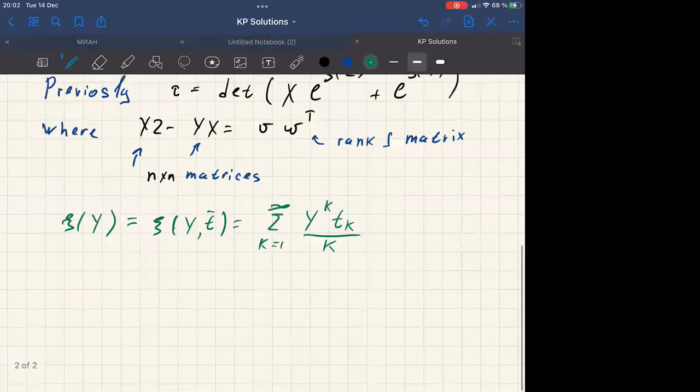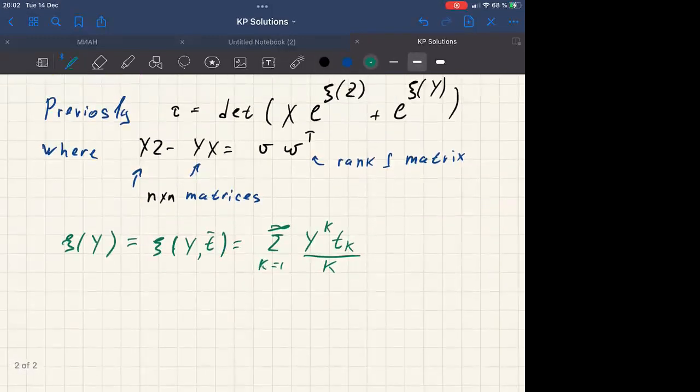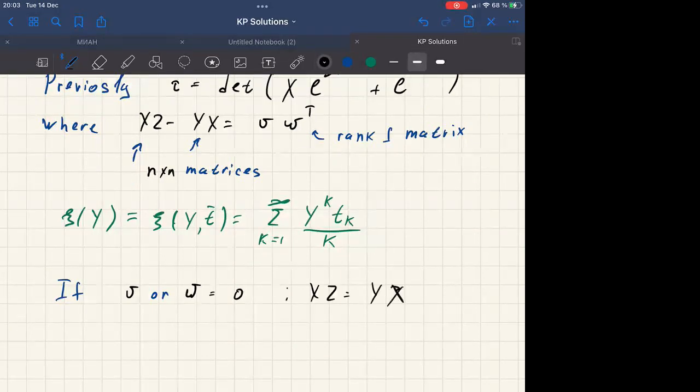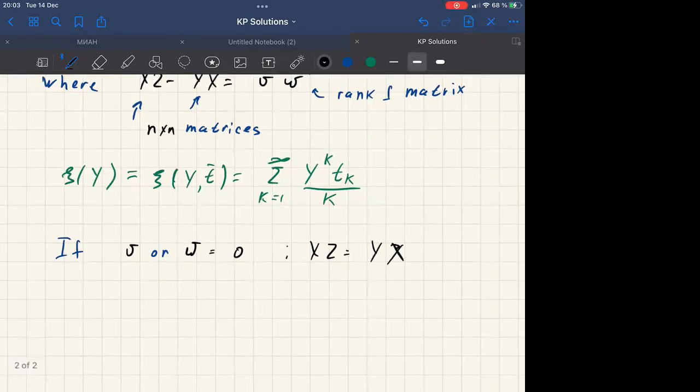Now we want to, well, let us first of all show that if V or W is equal to 0, we have just intermediate matrices like Z, yx is equal to yx.